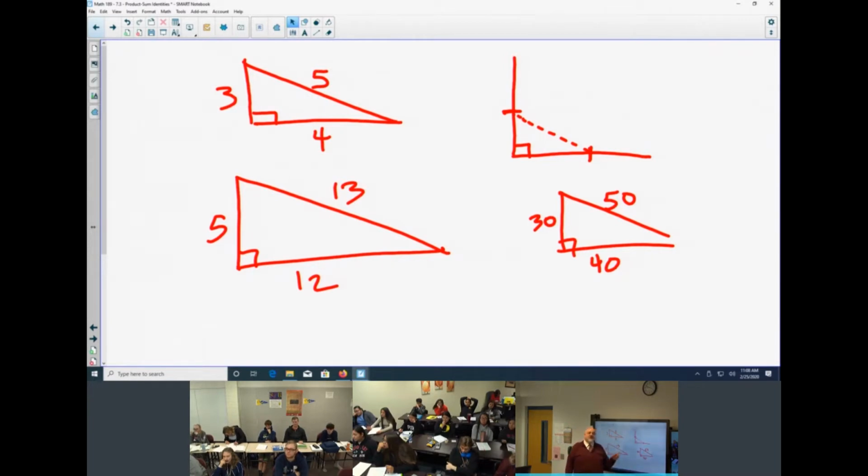If you know that, you don't even have to use the Pythagorean theorem, because 3 squared plus 4 squared is 5 squared. The other common Pythagorean triangle is the 5, 12, 13, and 5 squared plus 12 squared is 13 squared. Those can save you time if you remember them.